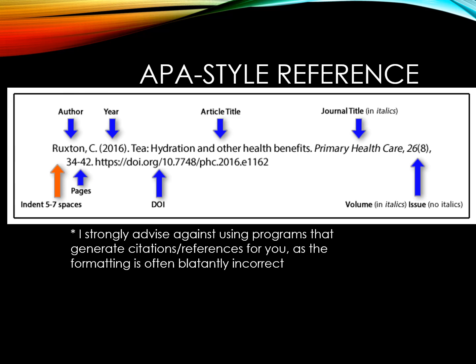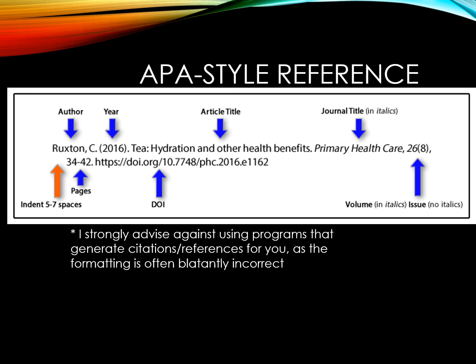So unlike with MLA, whenever you cite in your reference the title of the article, you're not going to use title case. With title case, every single word in the title is capitalized.